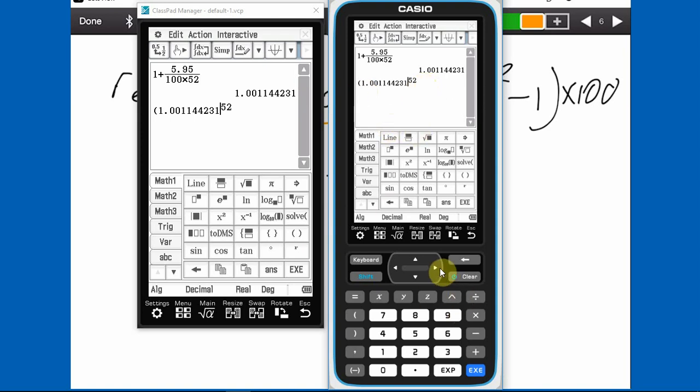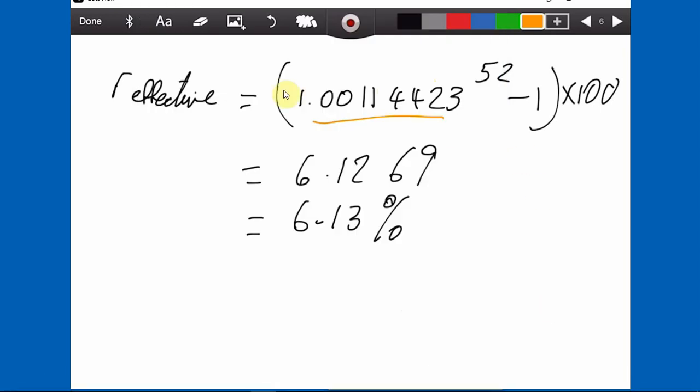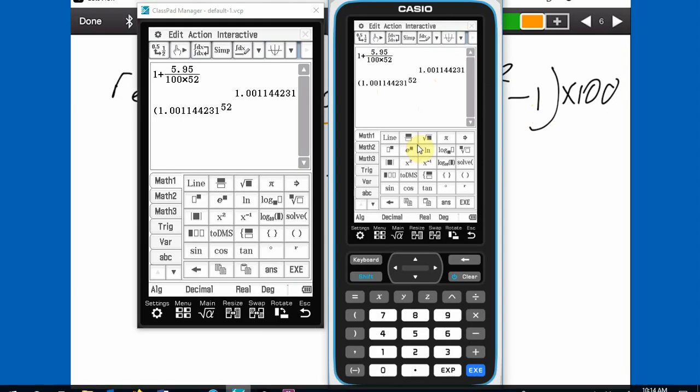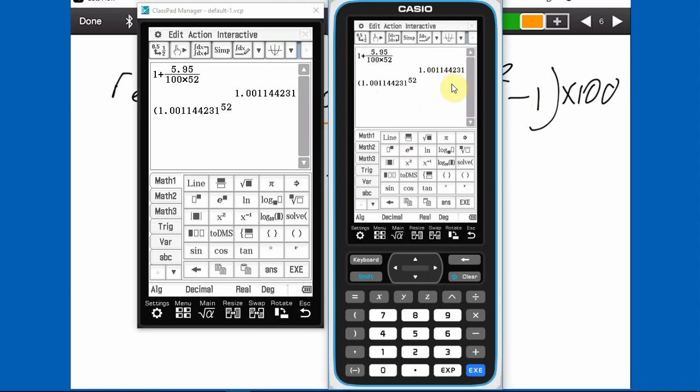All right, so let's now move across. What else do we want? Now we've got the first part. Now we need the minus 1, close the brackets, and times by 100. For the minus 1, you can click all the way out at the end there. See, now it's a big cursor all the way down, so I know that I'll put it in the right place.